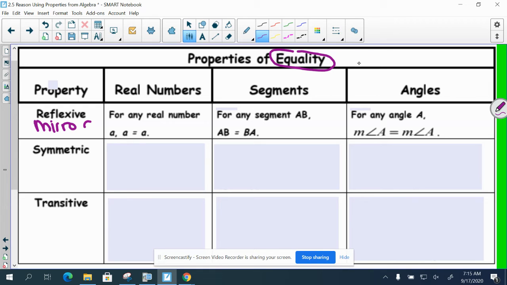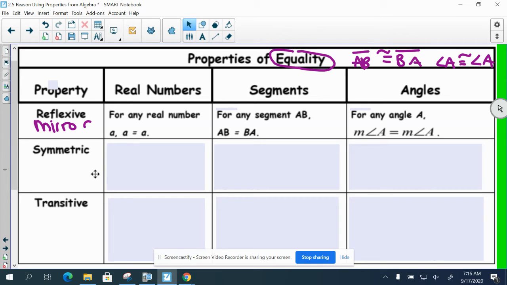If we were talking about congruence, we would have to use segment AB is congruent to segment BA. So remember that when you're talking about congruence, you use the actual geometric segment or angle. So we would say angle A is congruent to angle A. But when you're talking about equality, then you're just talking about the measure of the angle or the length of the segment.